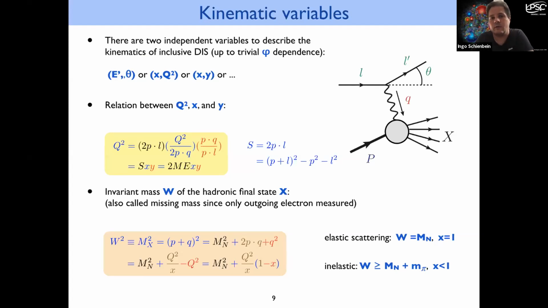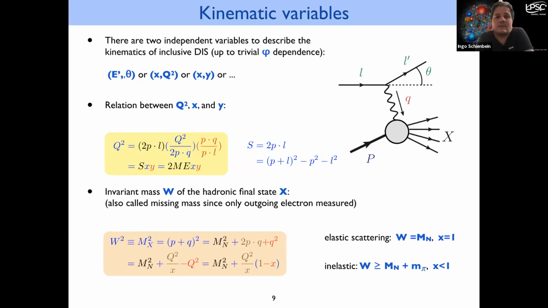So we have three variables, but the dependence on the azimuthal angle phi is trivial. So we are left with really two variables to describe the kinematics: either the energy and the polar angle, E prime and theta, or the variables x and Q squared, or x and y, and so on.